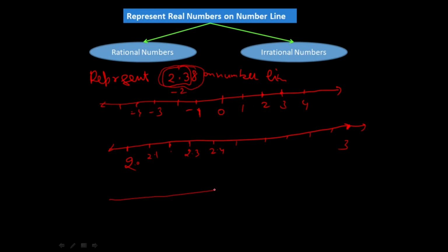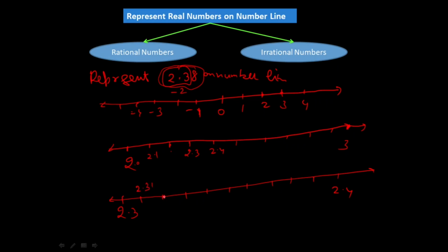Again same procedure. Just do a straight line. First pick the first value 2.3 here. Again 10 equal parts, 1, 2, 3, 4, 5, 6, 7, 8, 9 and 10. This will be 2.4. What will be this value?